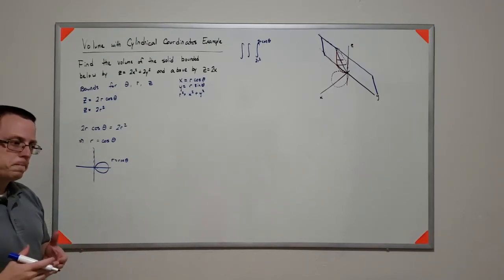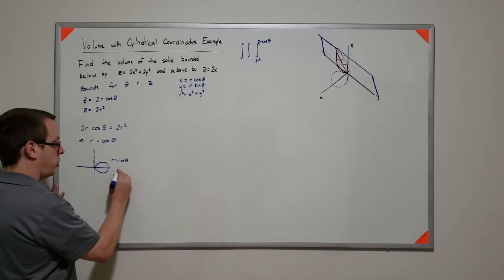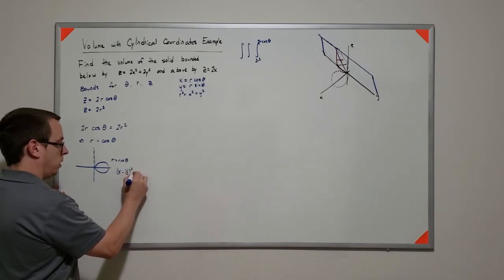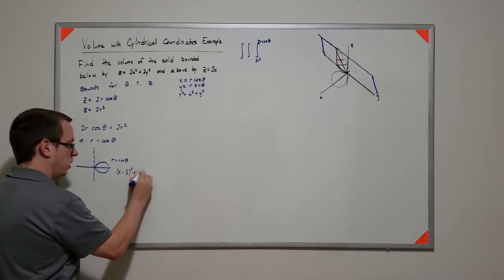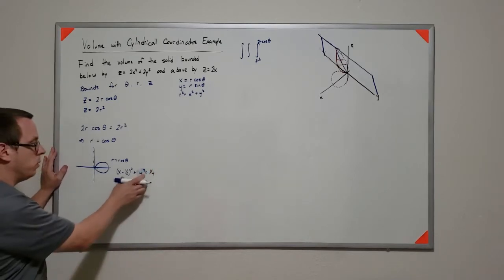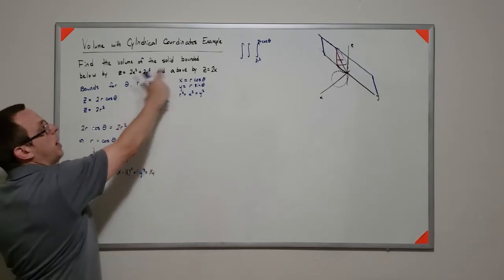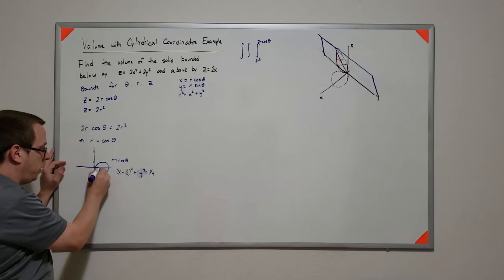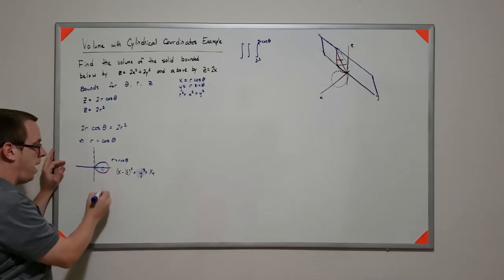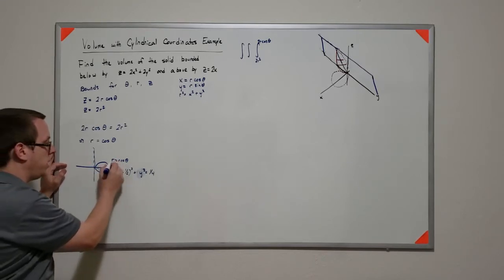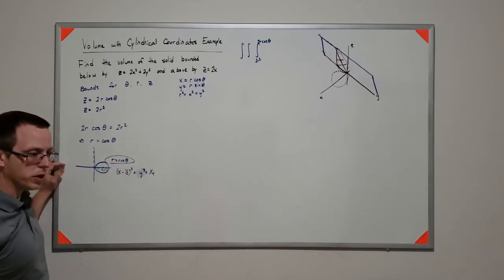Its rectangular representation is x minus 1/2 squared plus y squared equals 1/4, which is actually what happens if you solve for this in rectangular coordinates. It shifted. This point is 1/2, 0, and it has a radius of 1/2. But this is the polar representation: r is equal to cosine theta.